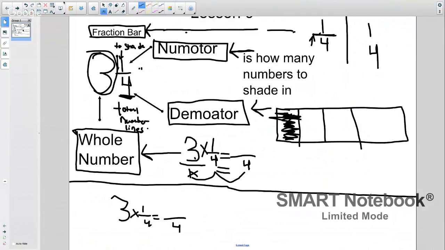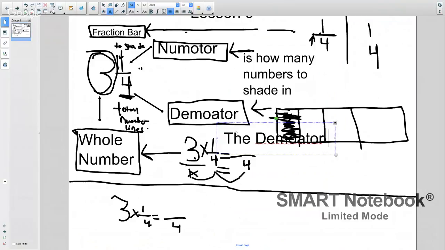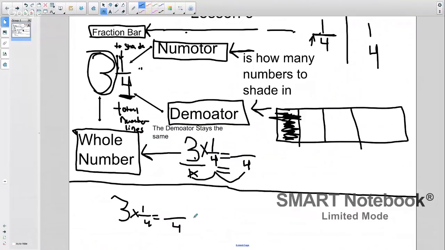So the denominator rule is: the denominator stays the same. That's right, the denominator stays the same.